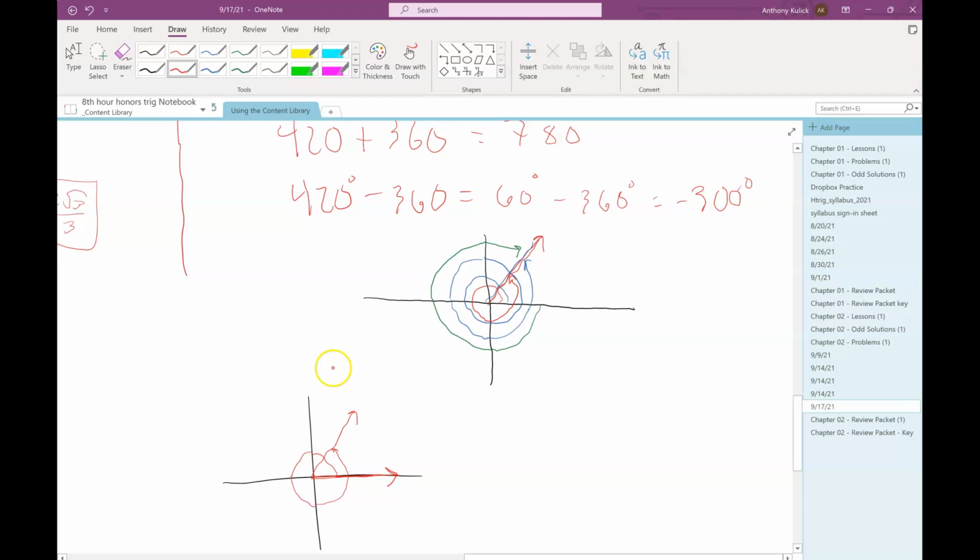I'm just kind of estimating. I want that red line to be more than halfway in the first quadrant. 45 degrees is halfway, 60 is a little bit more than half. But I'm just eyeballing it. Is that cool? I'm just counting in my head by 90. Okay.